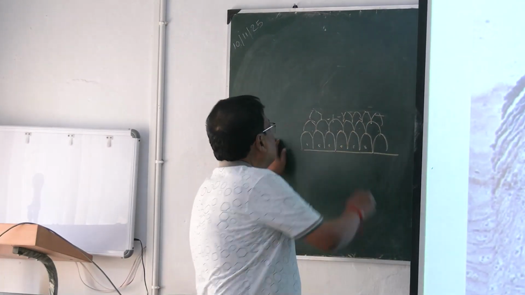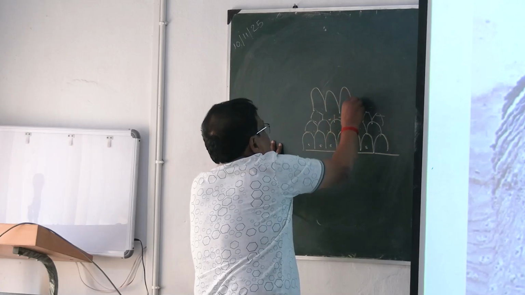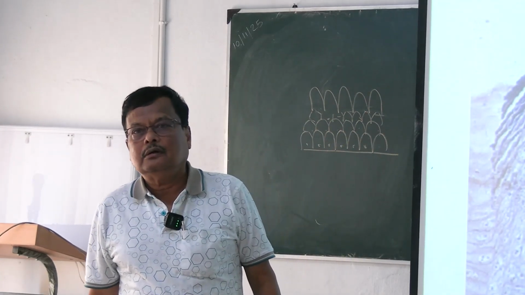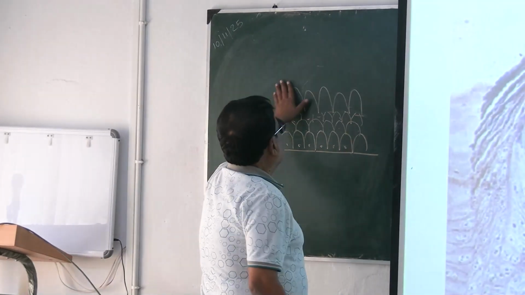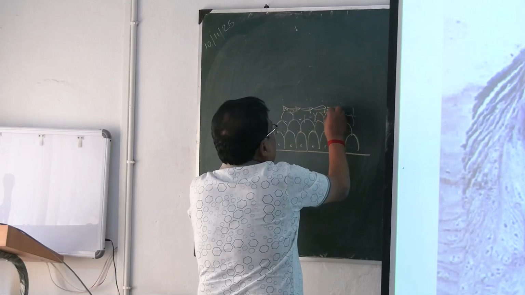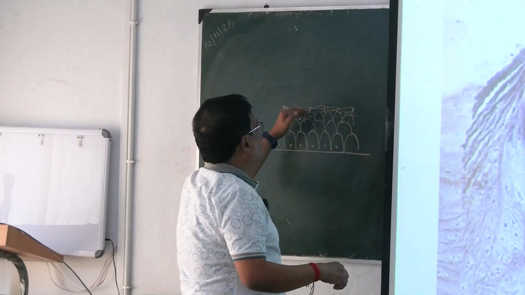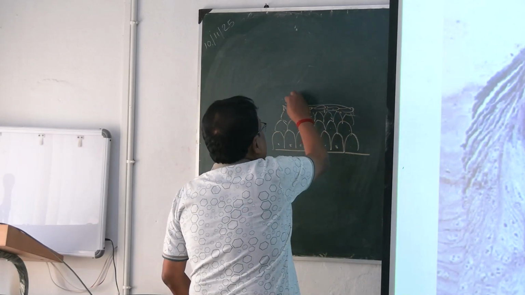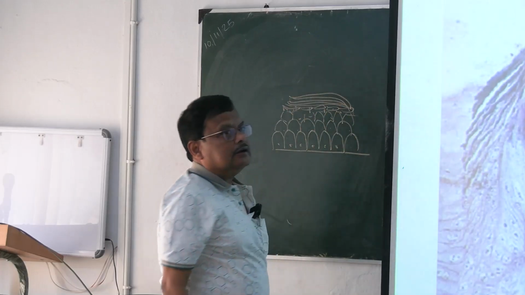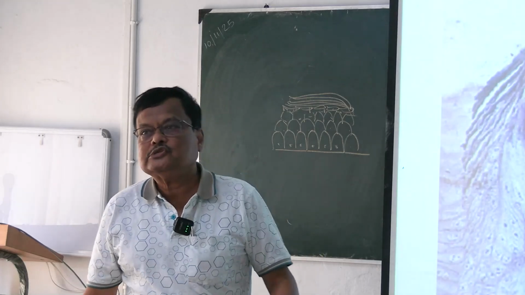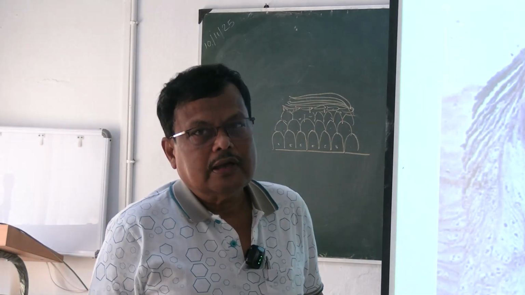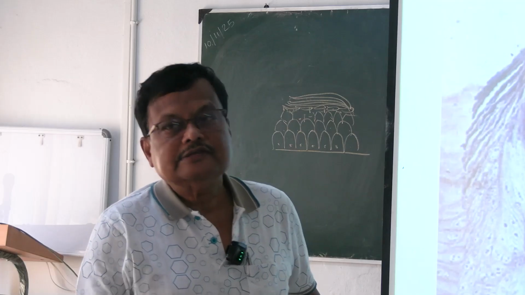If the surface layer is columnar, we call it stratified columnar. Again, this is squamous. If the superficial aspect of the squamous contains keratin, we call it keratinized stratified squamous epithelium, like skin.